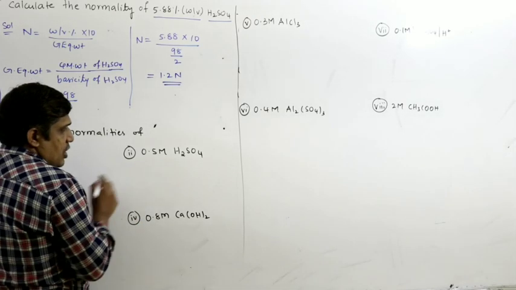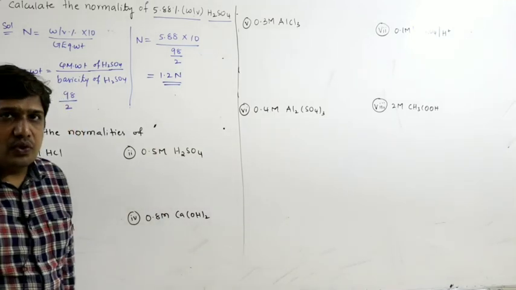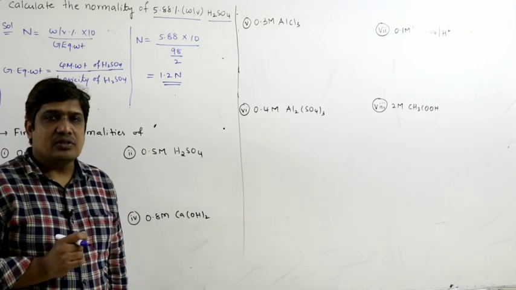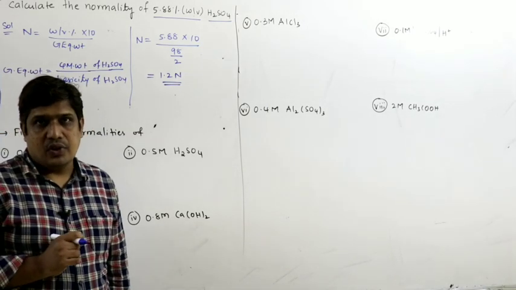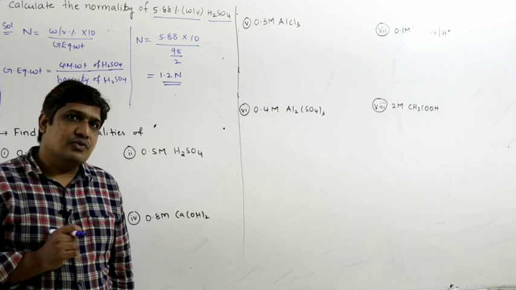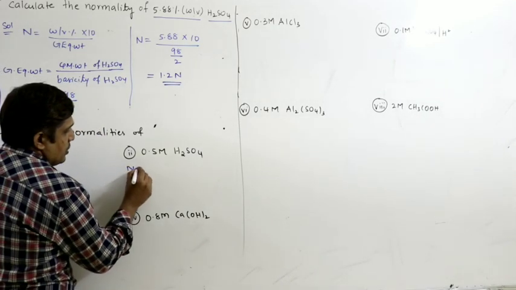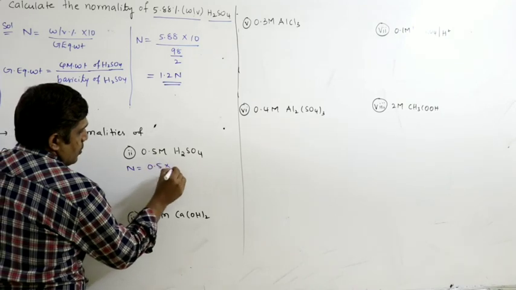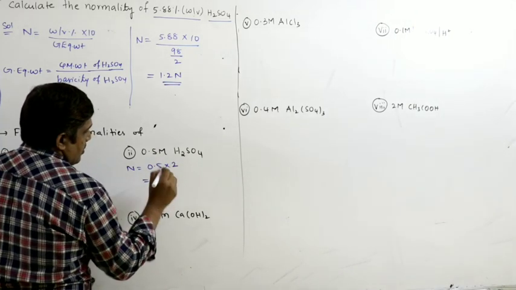Coming to this, molarity is given. H2SO4 is a dibasic acid because the molecule contains 2 replaceable H plus ions. Therefore, the valency of H2SO4 is 2. Right. So, normality equals molarity into basicity of acid, that is 2, that is 1 normal.